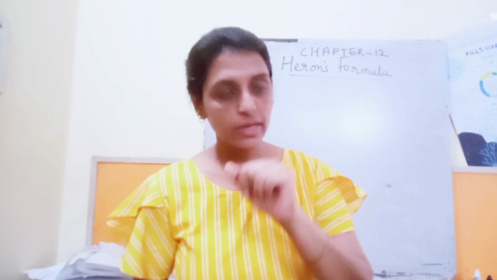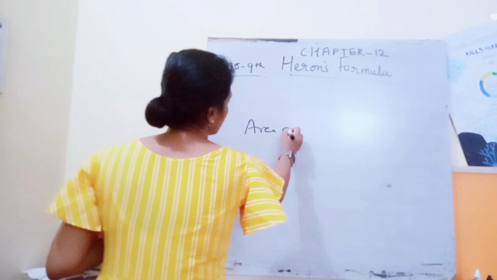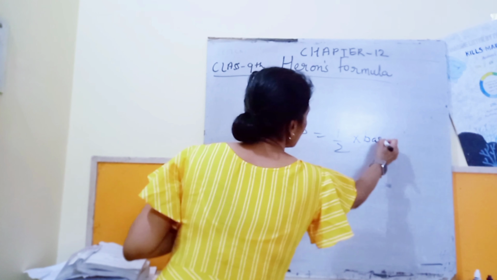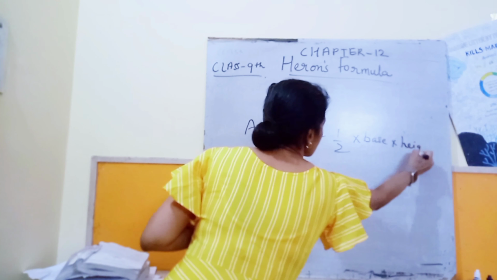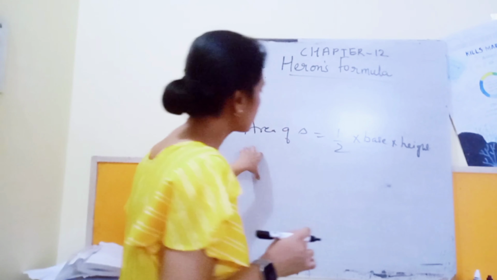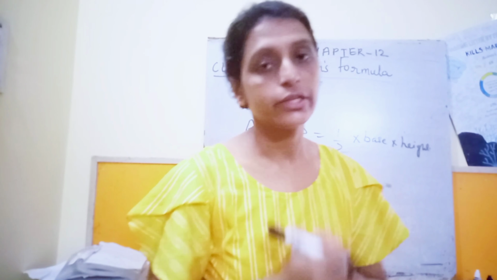Basically children, we know that the area of a triangle is equal to half into base into height. It means if we know one base and the height is given, we can just apply this formula, half into base into height.